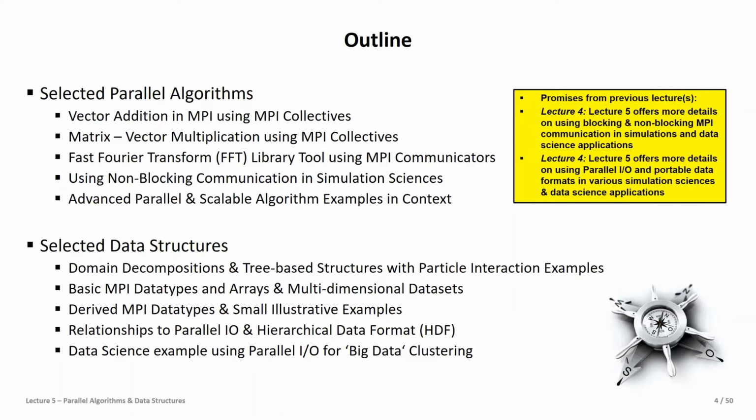So here we're talking much more about how we go along with arrays, how we go with multidimensional data sets having different data types, which are derived from the basic MPI data types we will learn about. And then I show you some illustrative examples leading up to one of the most used elements of parallel IO we learned about the last time.